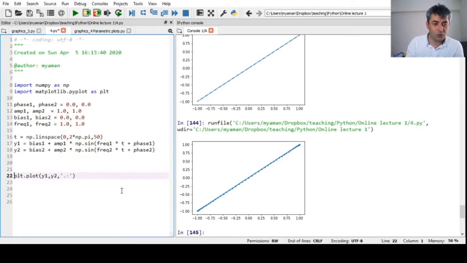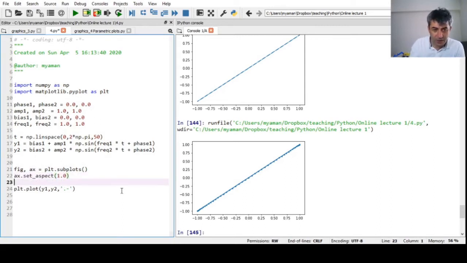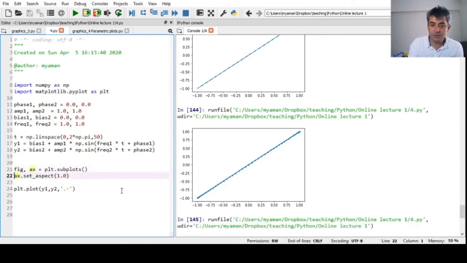Before you plot, you say fig, ax = plt.subplots, and then ax.set_aspect(1). These two lines are not obvious at this point, and I don't want to go into detail there. Just add these two lines and then see the result.